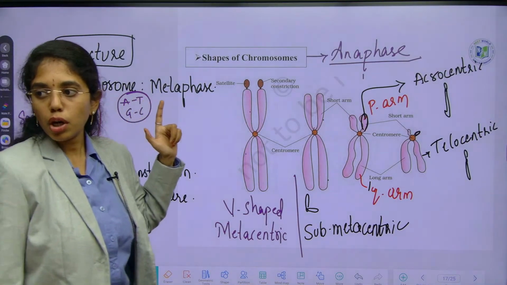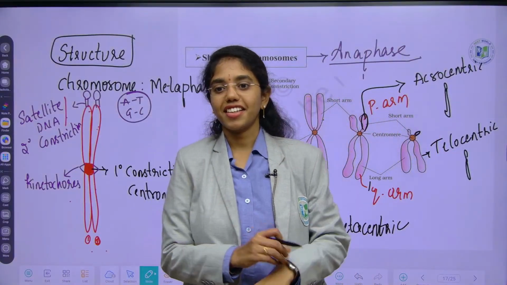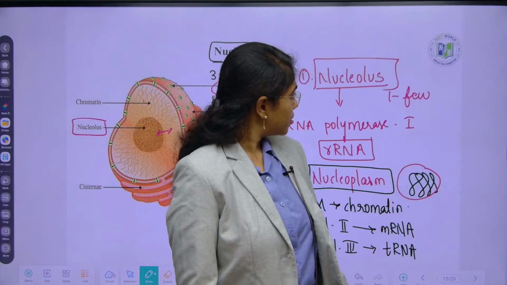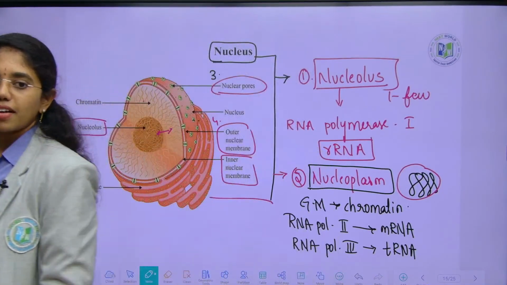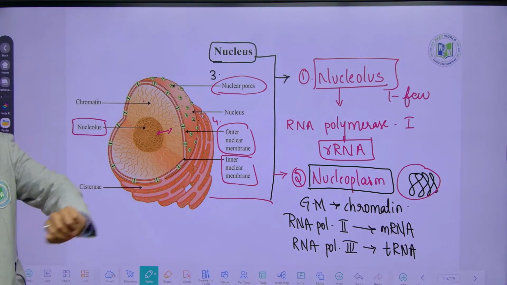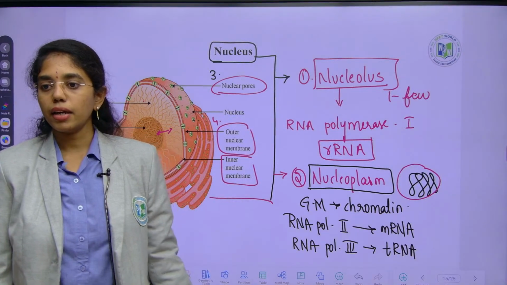Condensation of chromosome, components of nucleus, where is rRNA synthesized? rRNA is synthesized in nucleolus. tRNA and mRNA?